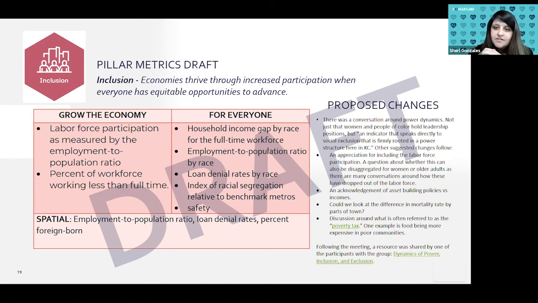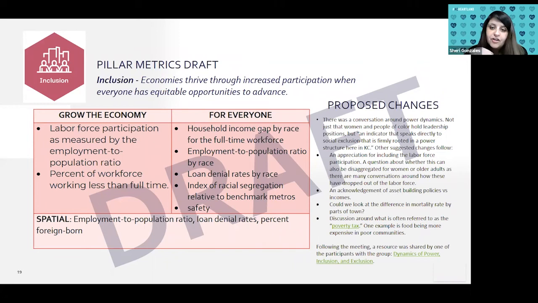The community said to us, when you're talking about inclusion and economy, we really need to talk about power dynamics. Can we actually have an indicator that speaks directly to social exclusion that's firmly rooted in power structures here in Kansas City?